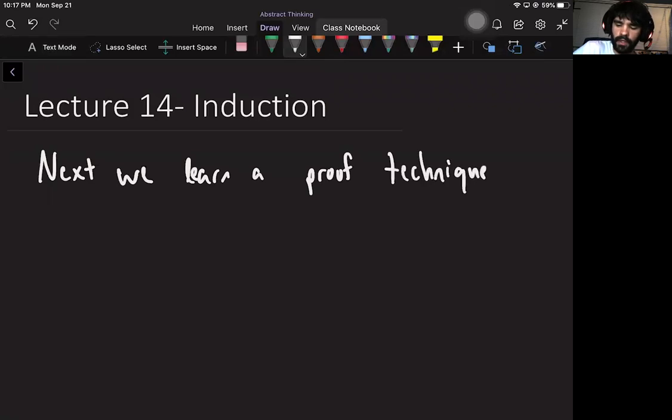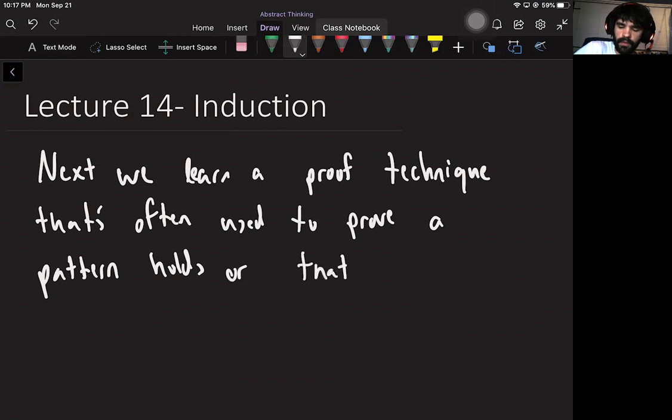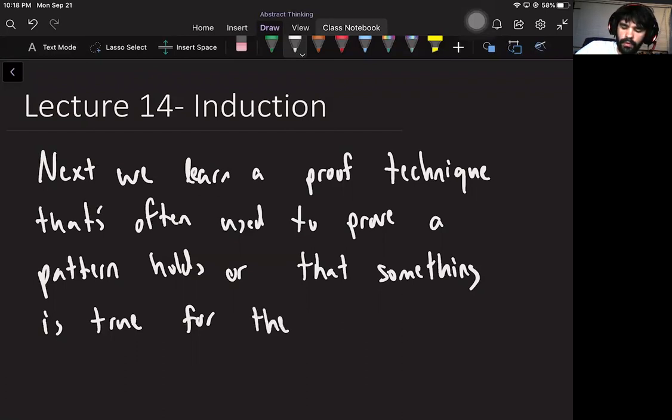So next we learn a proof technique which is often used to prove a pattern holds, or that something is true for the numbers starting at 0 and going up forever.